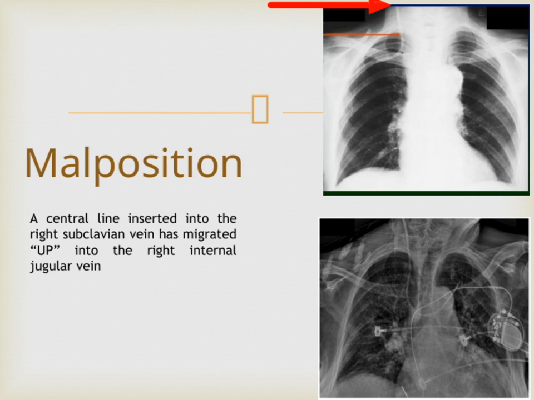It's important to recognize because malposition can affect the efficacy of the line and may increase the risk of complications. Understanding this helps us ensure proper placement and avoid potential issues down the line. So, always verify the position of central lines carefully after insertion to prevent or address such malpositions promptly.